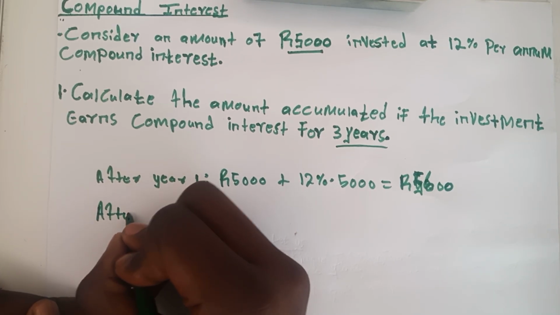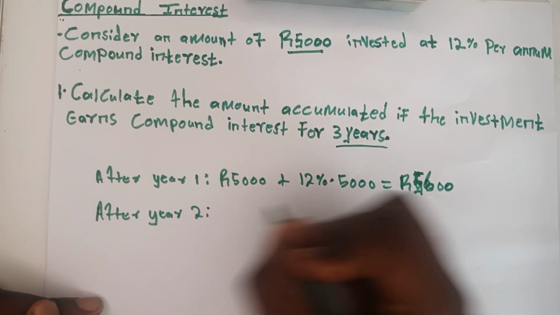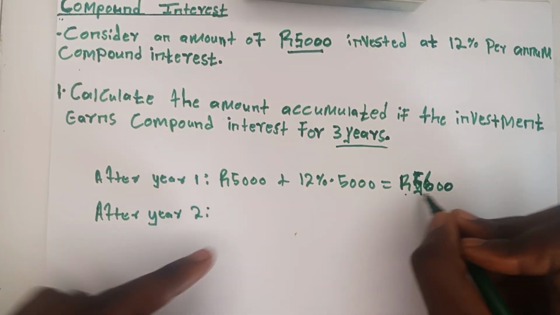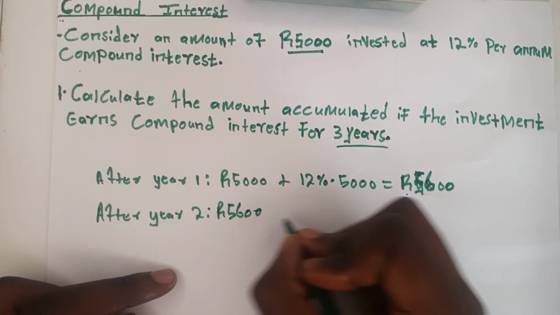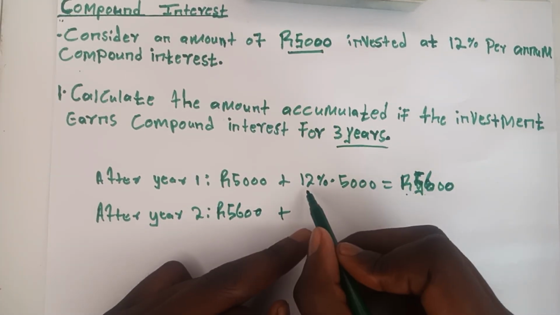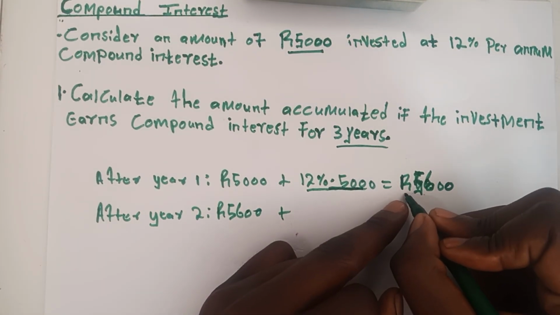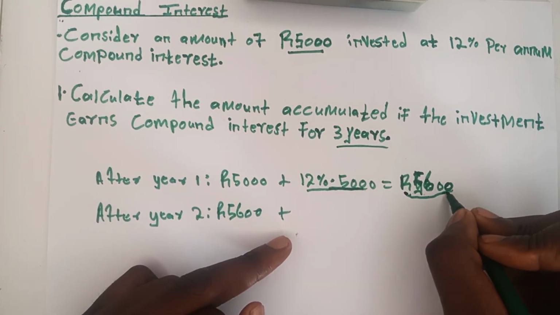After year two, we are going to take that accumulated amount after year one, which is 5,600. And instead of adding the same interest, we are going to add the interest for the first year's accumulated amount.